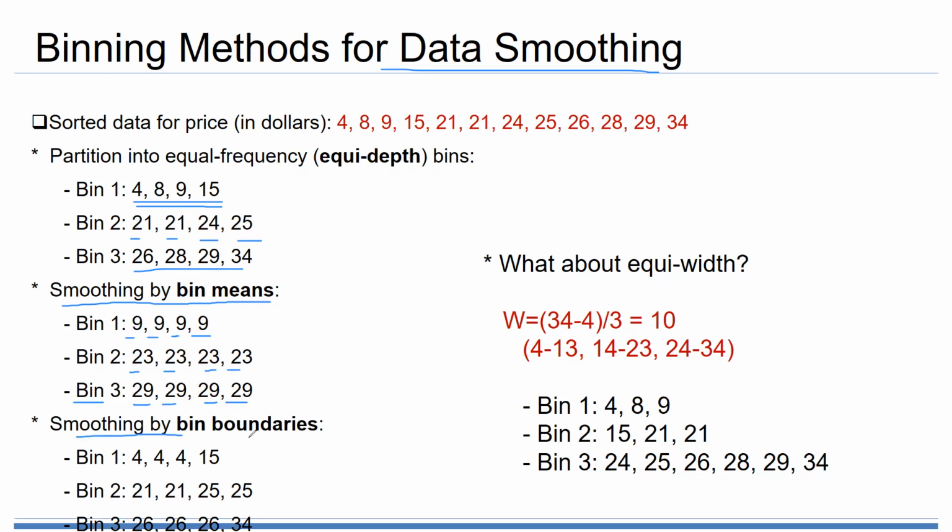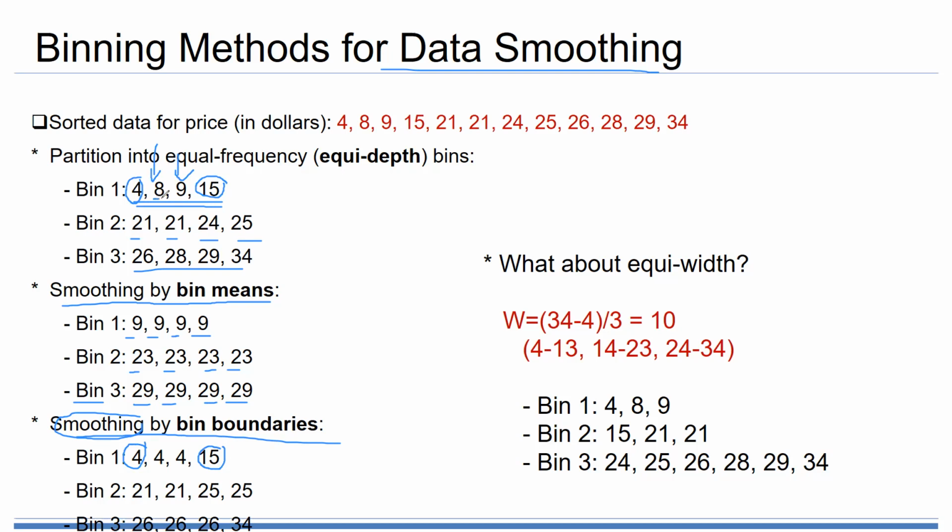What about the bin boundaries? We can smooth the data between boundaries by looking at the nearest boundaries. For example, the boundaries of this bin are 4 and 15. The minimum and the maximum will stay the same. However, we can smooth the data in between 4 and 15.